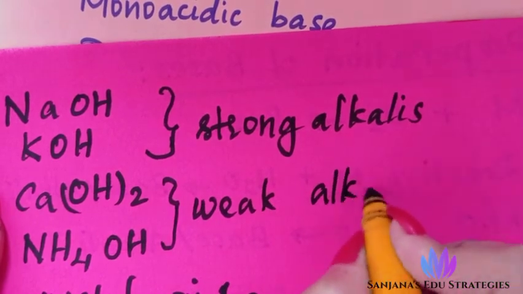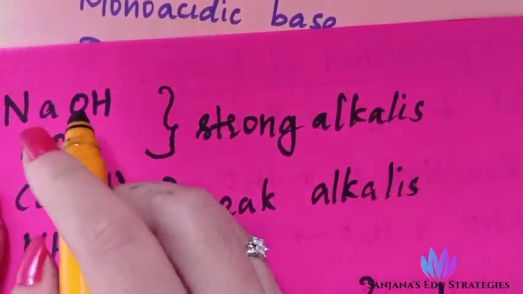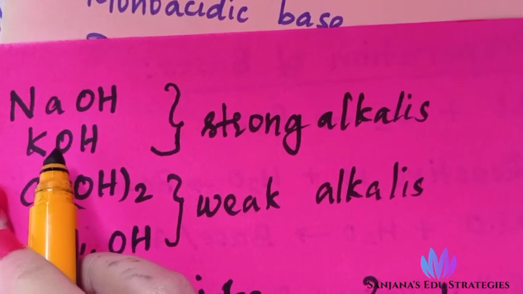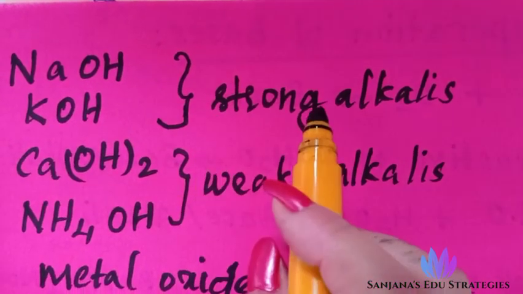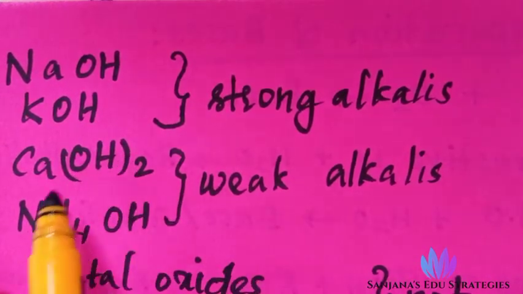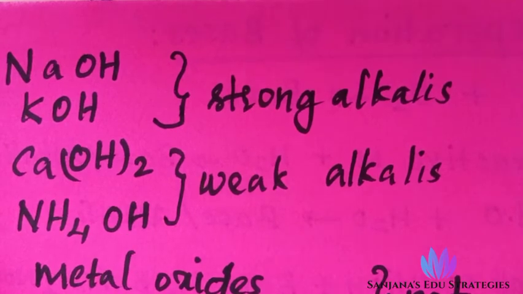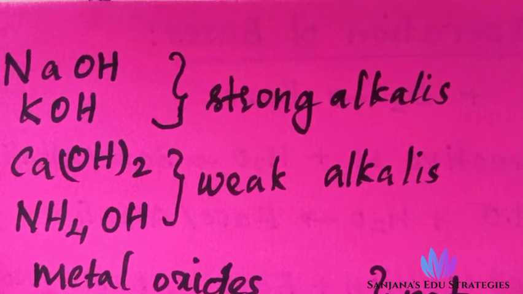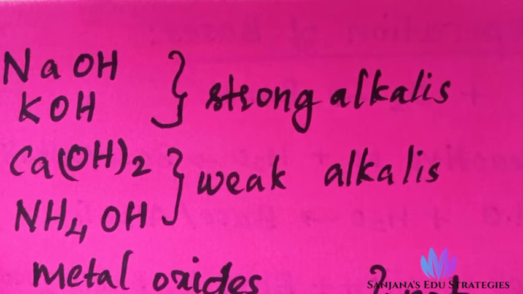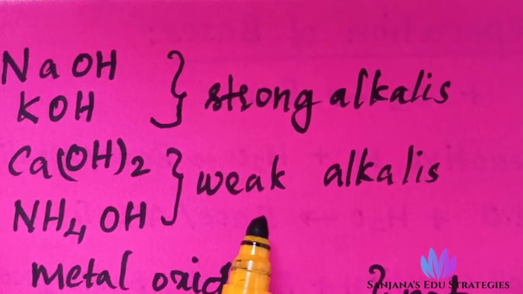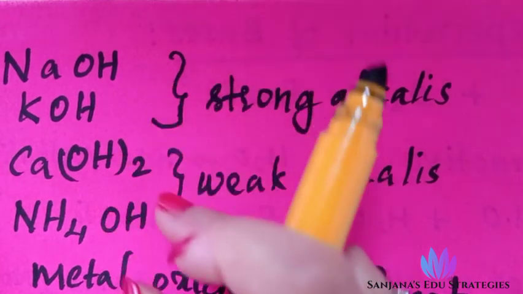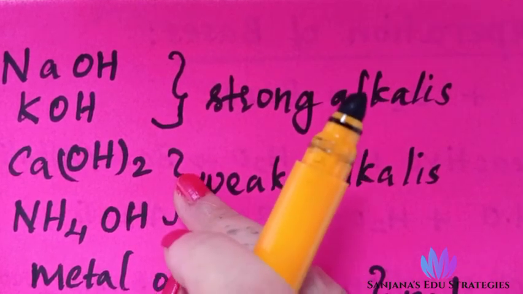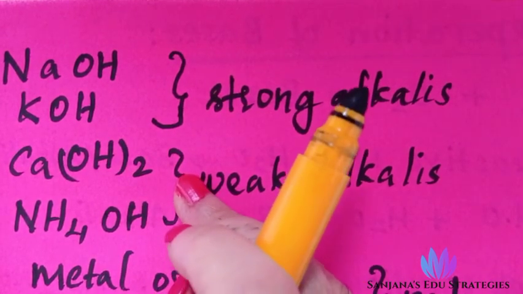The reason is, the first two, sodium hydroxide and potassium hydroxide, completely dissociate in water. But calcium hydroxide and ammonium hydroxide are not completely dissociating in water, they are just partially dissociated. That's why they are weak alkalis. Understood? That's it about alkalis.